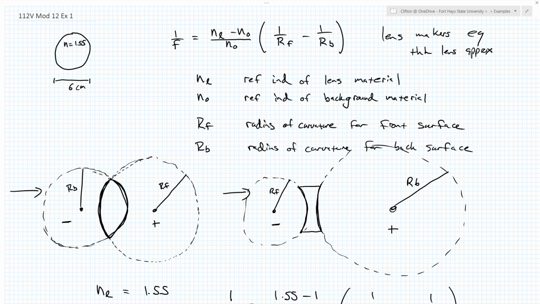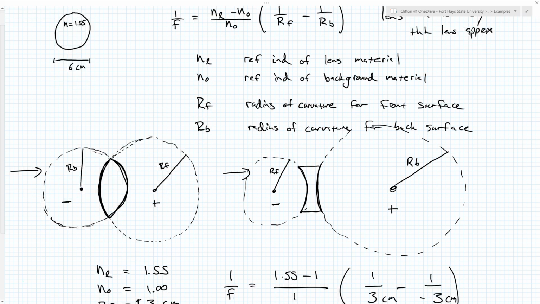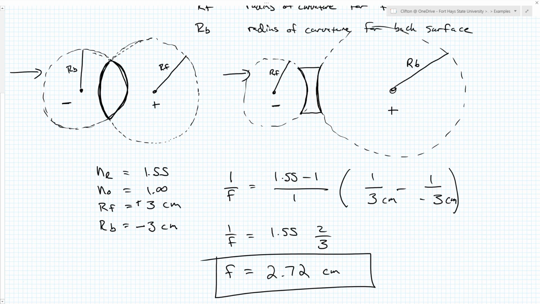But it wouldn't refract as much, so the focal length would have to be longer. Right? So I would expect if I plugged in 1.33 for the background refractive index, I should calculate a focal length that is greater than this 2.72 centimeters. And that would actually be a good exercise to do. Plug in the refractive index for water, recalculate this focal length, and check that it actually is longer than 2.72 centimeters.